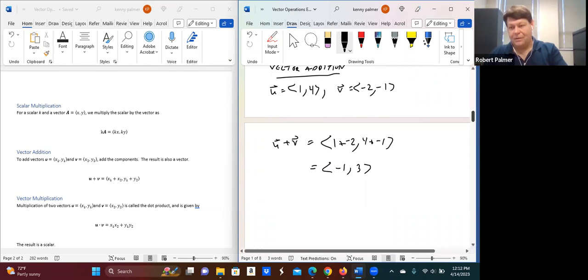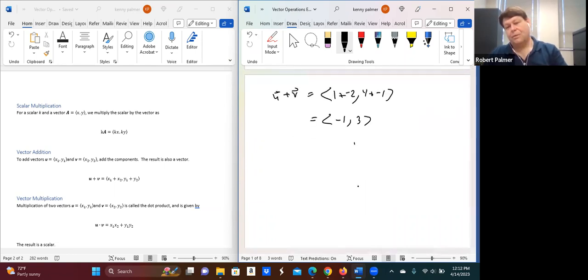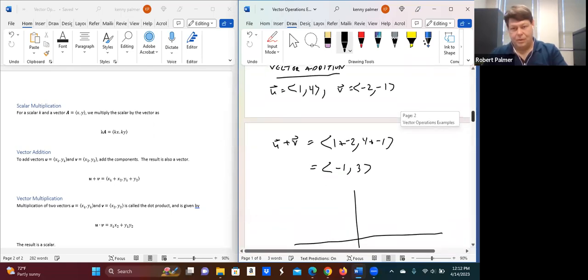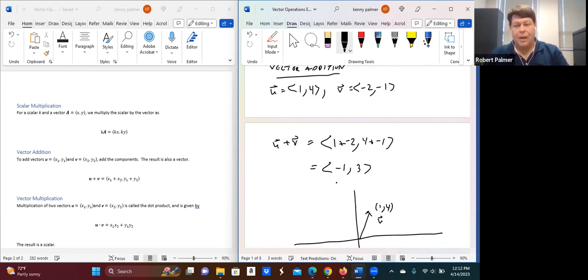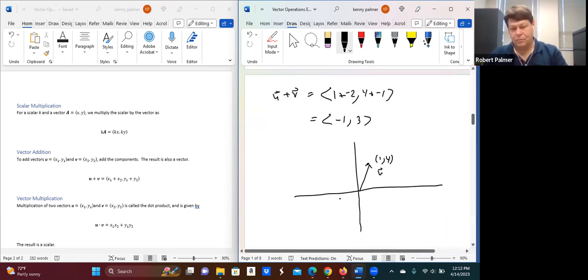So if we graph that, u is 1 and 4. Okay. And v was -2, -1. About right here.